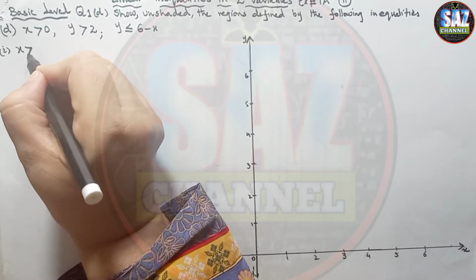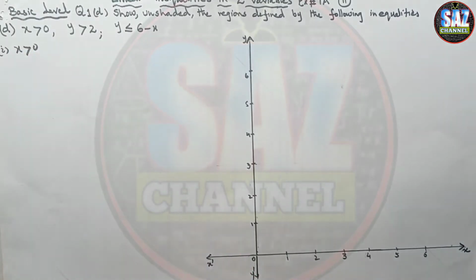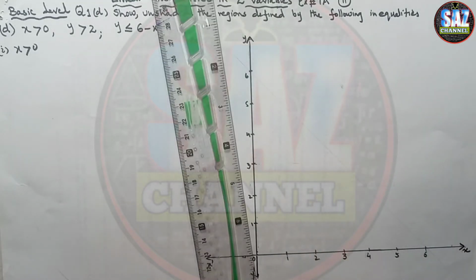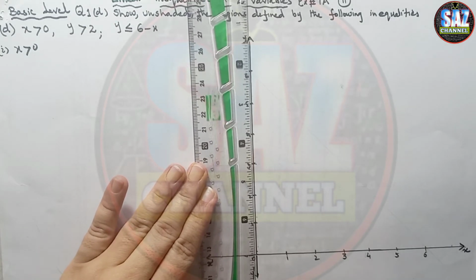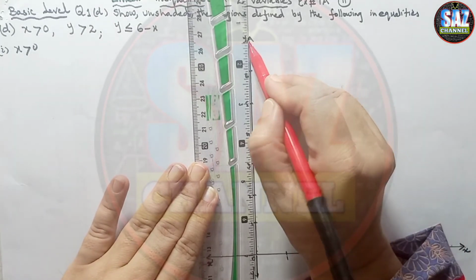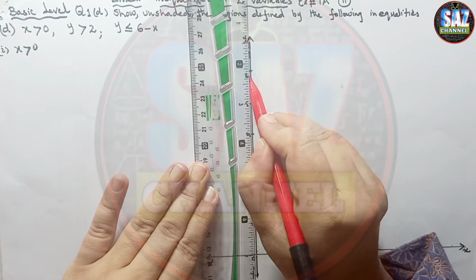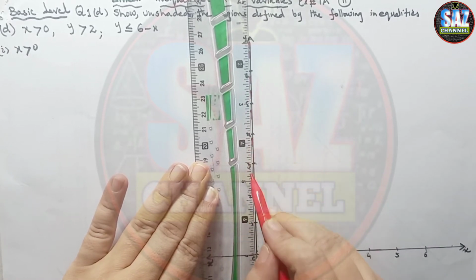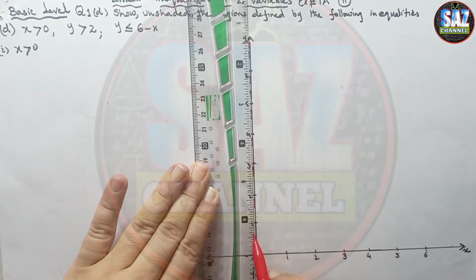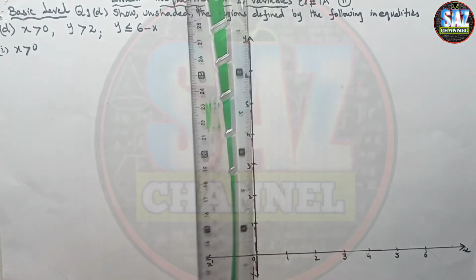One more point: as this is just a greater than condition, the y-axis should not be a perfect line, it has to be a broken dotted line. We have to mark the broken line for just greater than condition.